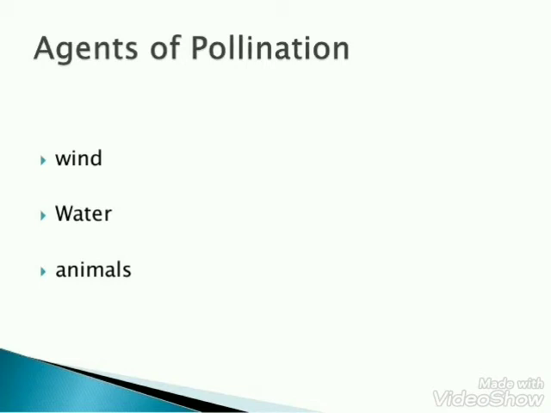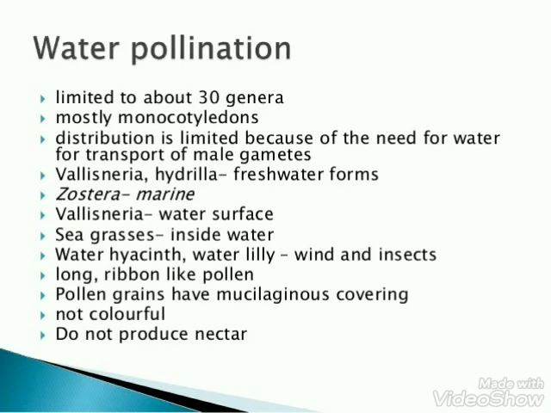Now we will study the adaptations of flowers essential for water pollination. The form of pollination in which pollen is distributed by water is known as hydrophily. It is very common in algae, bryophytes, pteridophytes and some angiosperms.